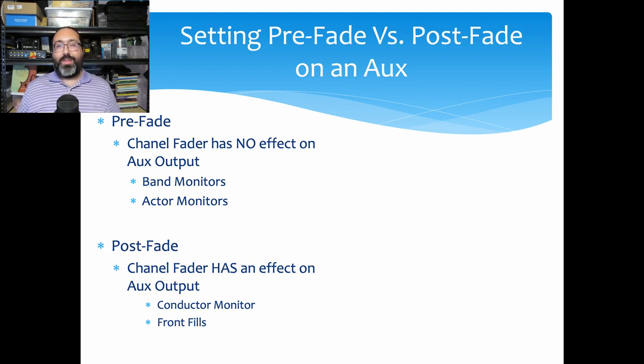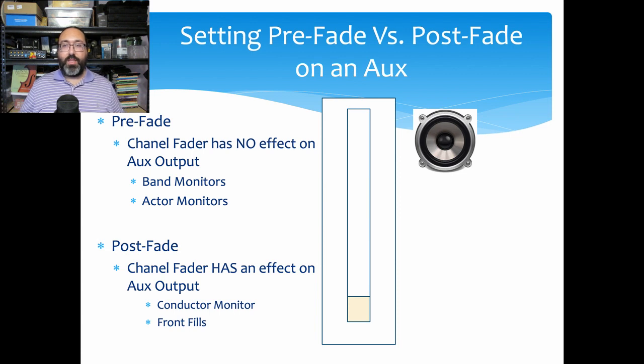So to visually see this, say we have our channel fader all the way down. If we bring it up and we're on pre-fade, it will have no effect on whatever the amplitude level is on that speaker. So if we have that speaker up at blaring loud, because it's a monitor for the band and the band always likes to have their monitors blaring loud, then it will still continue to stay blaring loud even if we move that channel fader down.